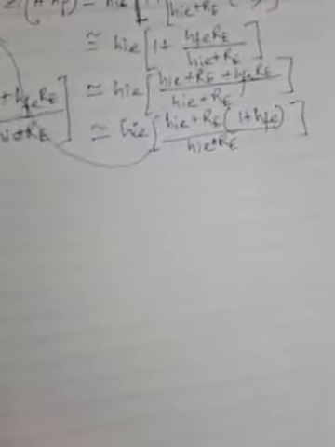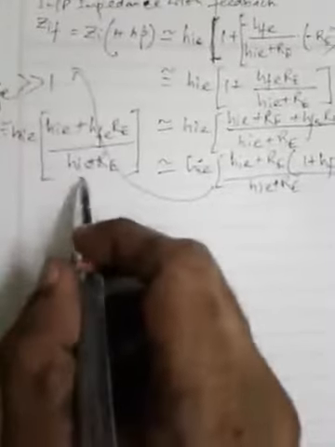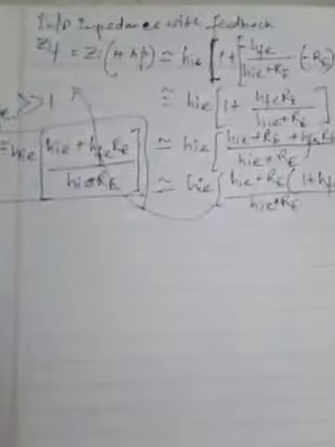At the numerator it was HIE plus RE. No further approximation should be used. So this is the expression for the input impedance with feedback in the case of current series feedback.